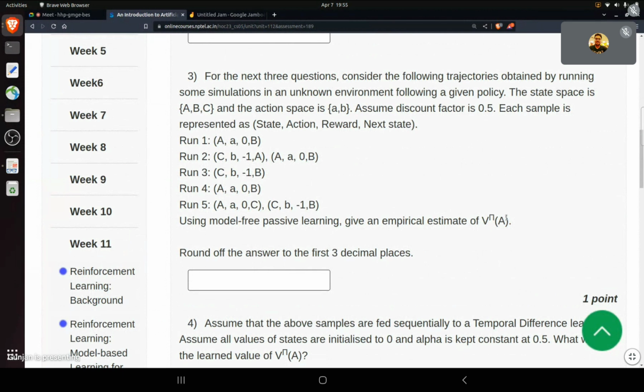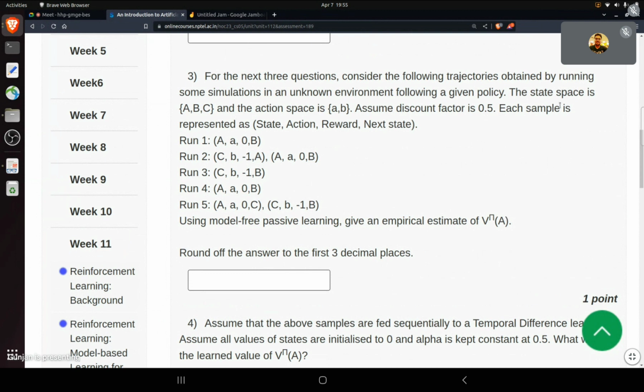Okay, sir, one more thing. So value of some state is equal to the maximum value of Q over all actions. So V of A, just like we calculated previous time, will be the summation over the transition probabilities times reward plus the max Q star.